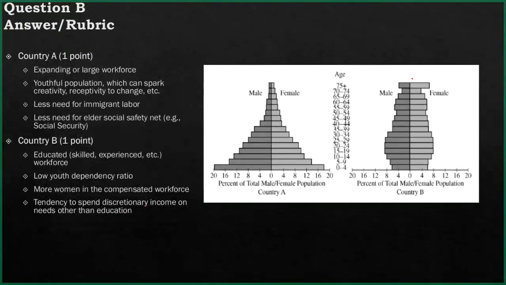So there are probably people who have enough income to where they can spend their money on whatever it is that they want. And this is the one that I think was most important and most obvious from here. Might need immigrant labor, which would allow citizens to take higher order jobs. If they bring in immigrant labor, then current citizens might be able to take higher order jobs, say like college degree jobs.